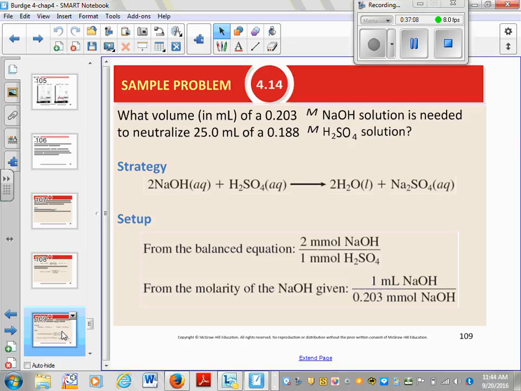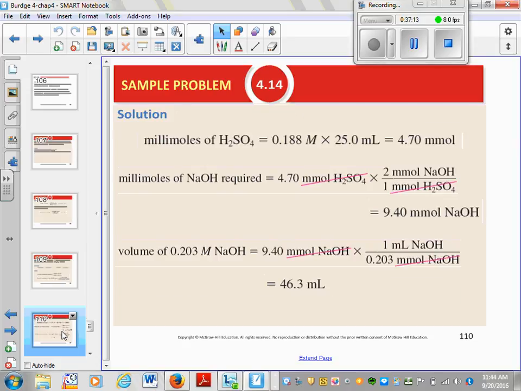So they go through millimoles and moles, back to volume, and they end up at 46.3. They go through all of that, and we just use this little adaptation for the dilution to do the same thing. As long as you remember we're talking about H plus and OH minus.